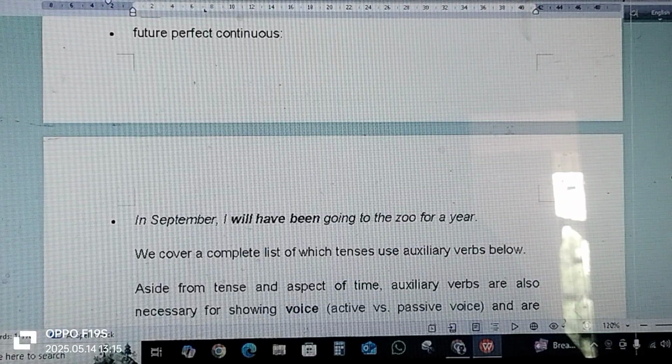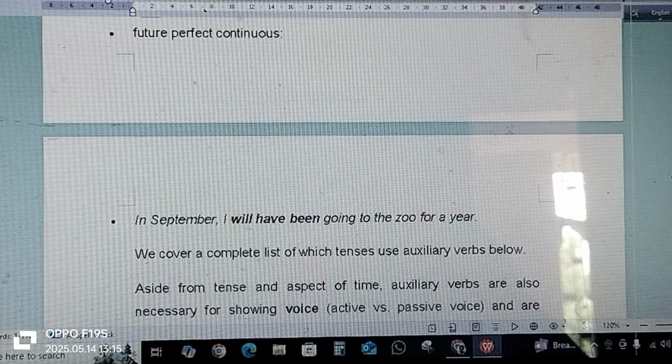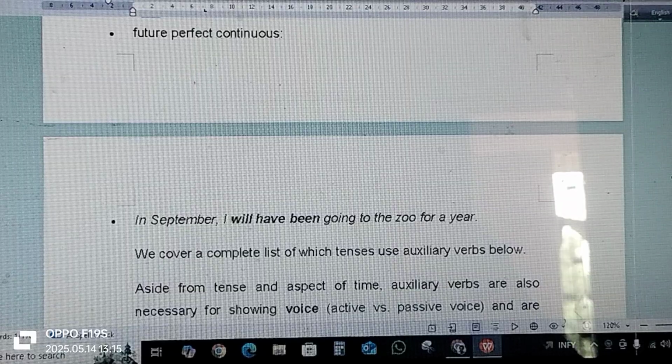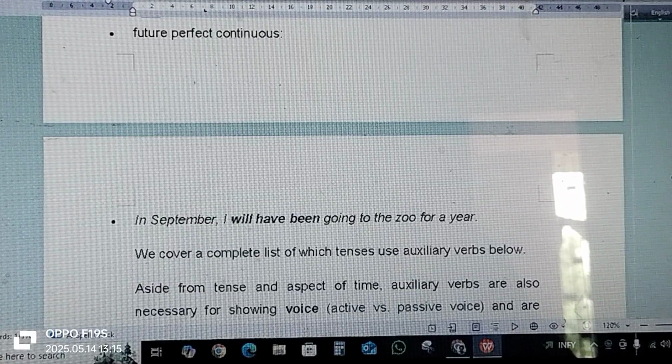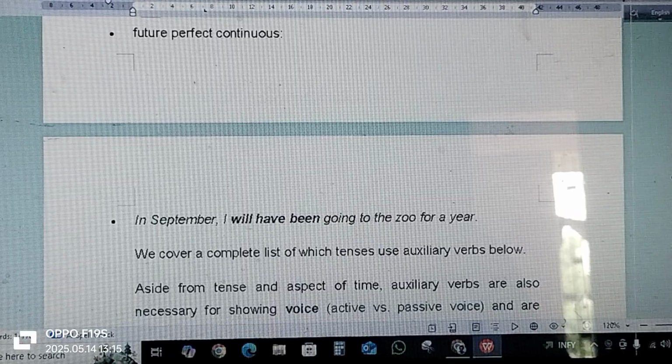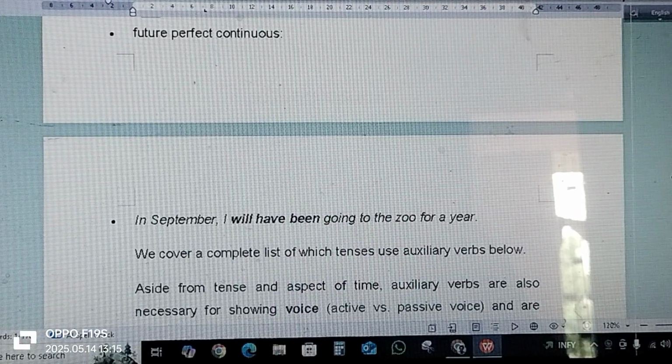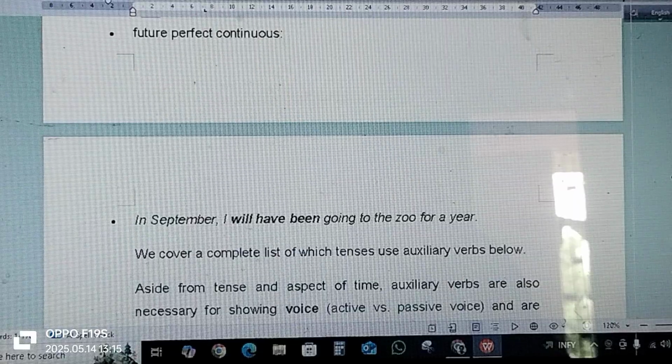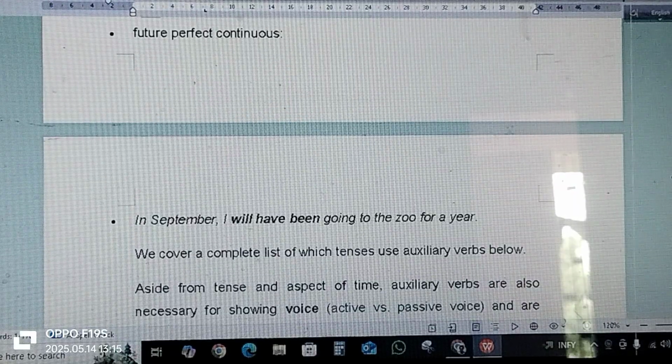To understand this, we must see this example. In September, I will have been going to the zoo for a year. Here we have a lot of auxiliaries. Will is an auxiliary verb. Have is also an auxiliary verb. And been is another form of auxiliary verb.